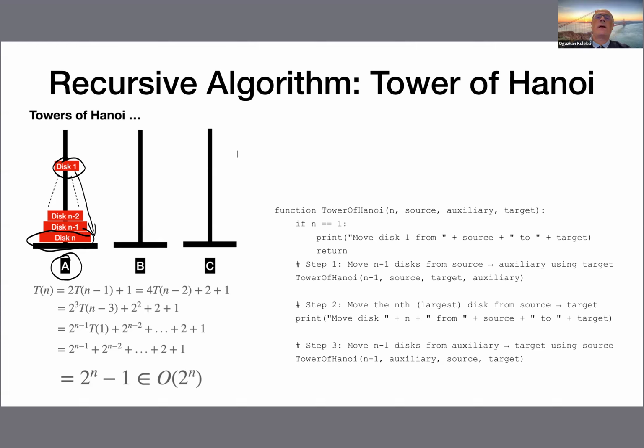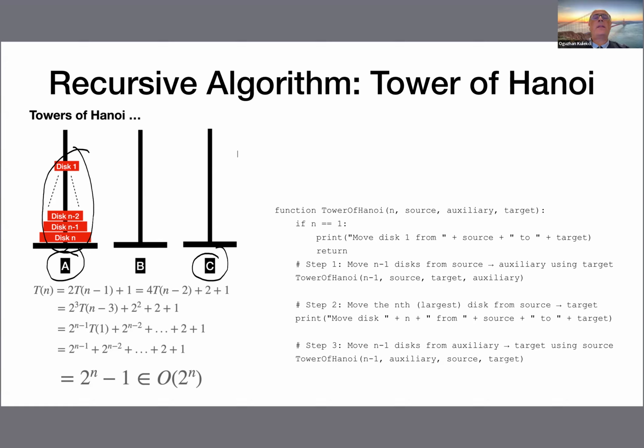You can never allow something like a large disk on top of a small one. So let me have a small disk here and a large disk here. This is forbidden. And what is my aim? I'm trying to carry all of those n disks from tower A to tower C.